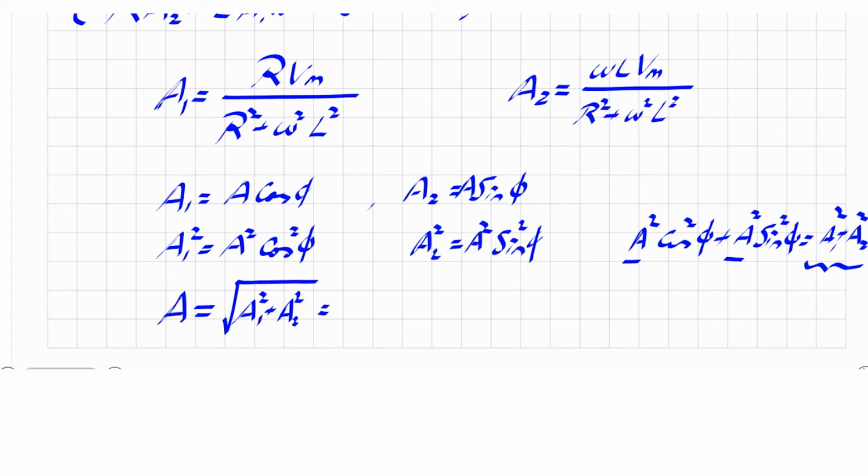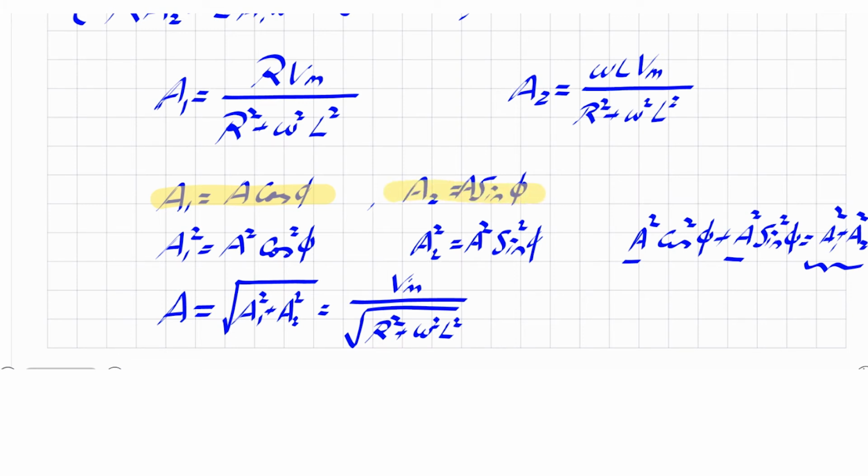Now all we need to do is square that A1 and square the A2 and simplify it. We find that A equals Vm divided by the square root of R squared plus omega squared L squared. Also, from these two equations here, we find a ratio.